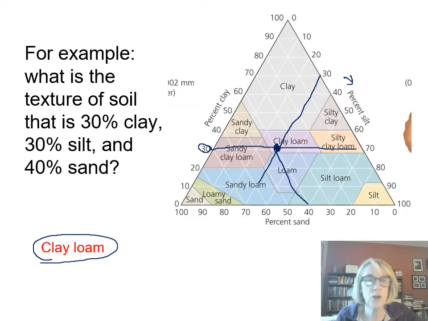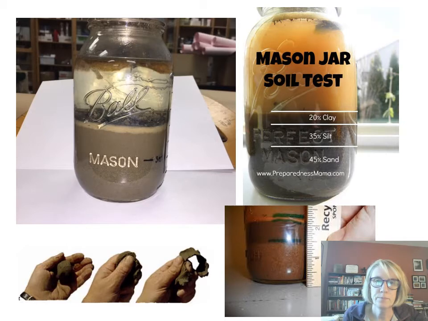Okay, so describing what type of soil gives you some indication of what the properties of that soil might be and what kind of things you would take into account if you're trying to grow crops in that area. All right, so you might be asking yourself, well, okay, we need to know the percents of each of these. How do we figure that out?